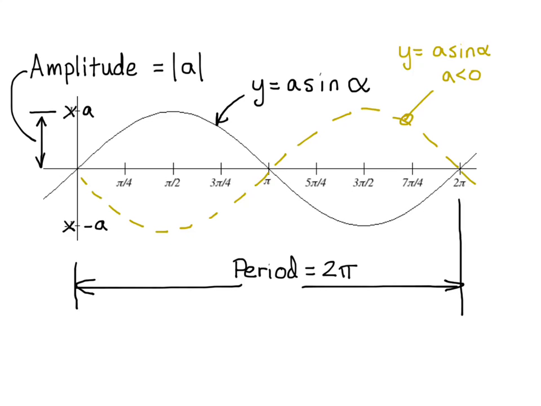So your sine can either be a curve that starts up to a positive value, or if we have a negative coefficient in front of it, it starts heading down and then back up. But in either case, we call it the period 2 pi, because that's when it makes one complete cycle and starts repeating itself.